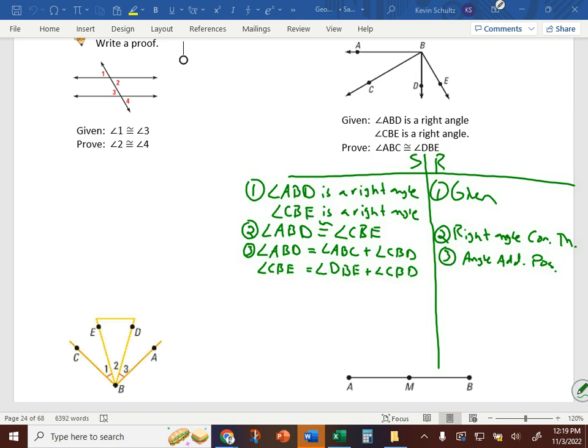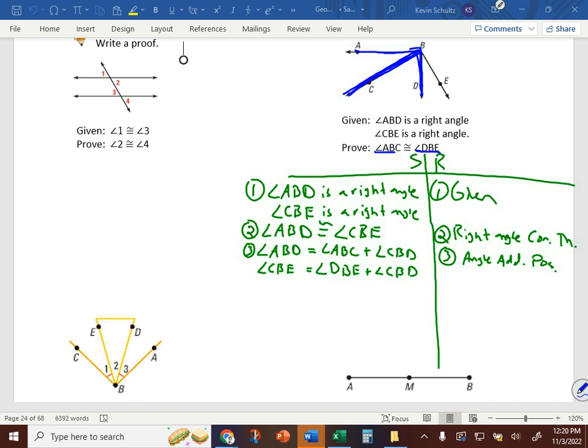What we did was we realized that ABC and DBE have to be a part of this proof, right? Because that's what we have to prove are congruent. So we said, how can we introduce ABC? What do we know about ABC? And we said that angle ABC, which is this angle here, if we add that to CBD, so we take these two angles together, it equals ABD, right?